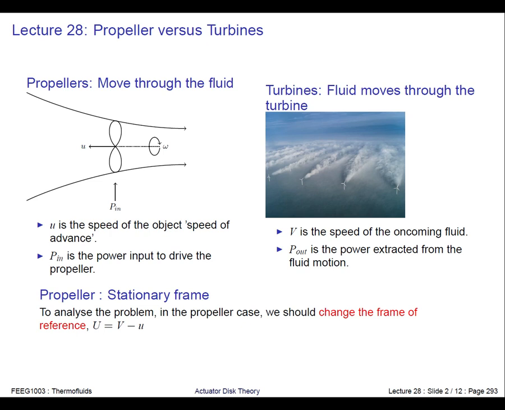What this does is place the propeller in a stationary frame, and the wind flows across the propeller, and effectively the propeller becomes in the same frame as a turbine. And then if we can do that, we can analyze propellers and turbines using the same maths, and we can describe the characteristics of both of these systems in the same way. So that's what we're going to do.